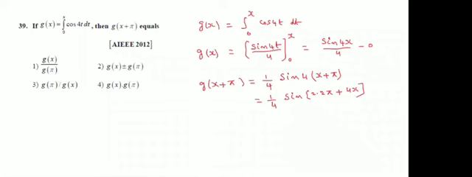So overall this is 360 plus theta. In the first quadrant we get 1 by 4 into sine 4x only. Up to here we got.